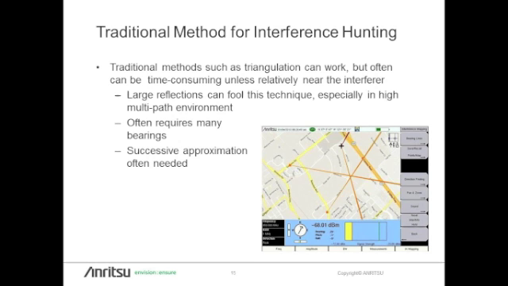Now, if anyone has done this in Bogota or San Francisco or New York City, this is going to be one major problem with all the buildings and potential obstacles. Potentially you could move to intersections and kind of do your dance and look for interferers at that point. But again, it's very, very difficult, particularly in urban environments, to use a directional approach to finding interferers.